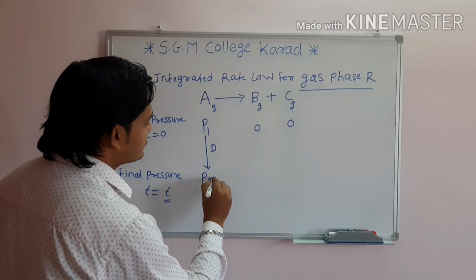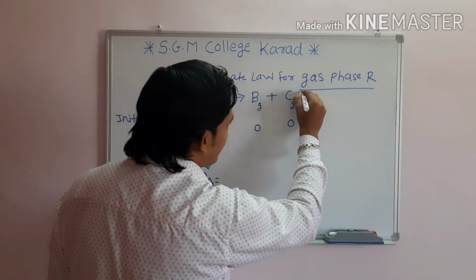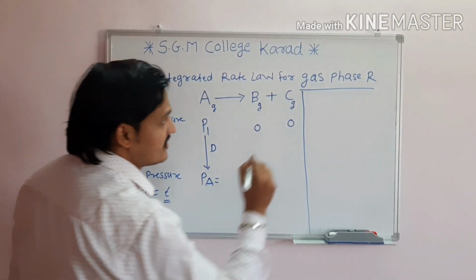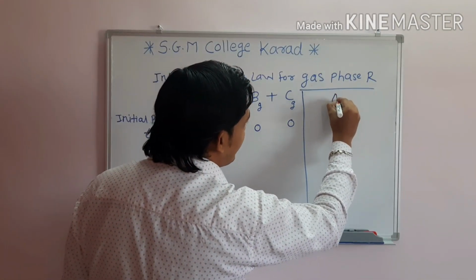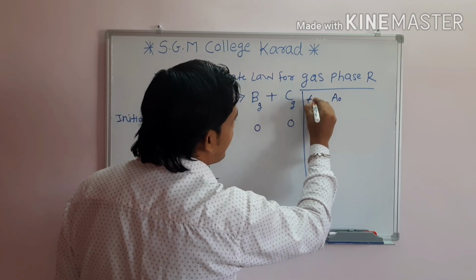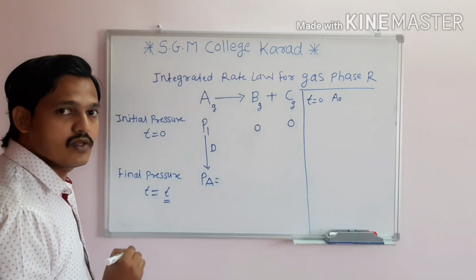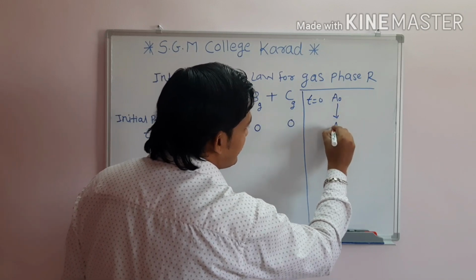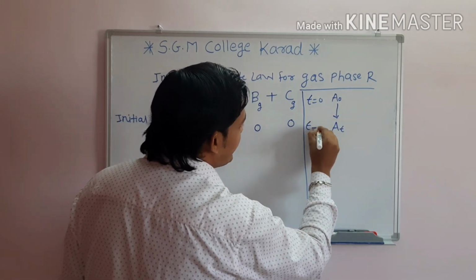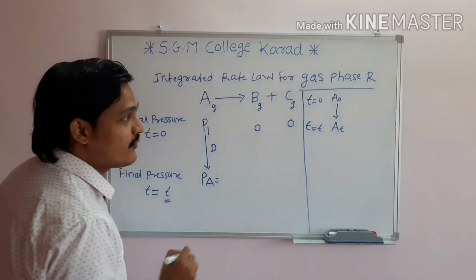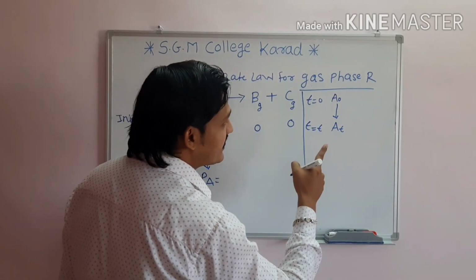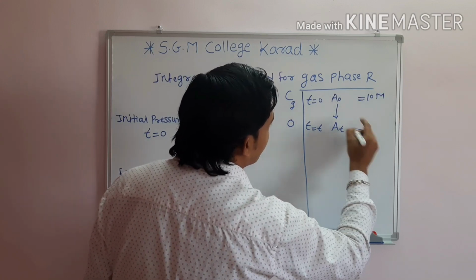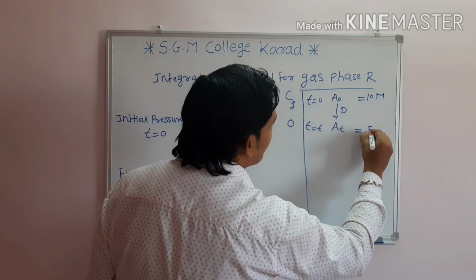First of all, point to be remembered: in case of concentration, the initial concentration is A0 at time equal to 0. The concentration of reactant decreases, and it becomes At at time t. Suppose we have initial concentration 10 molar and the concentration decreases to 5 molar.